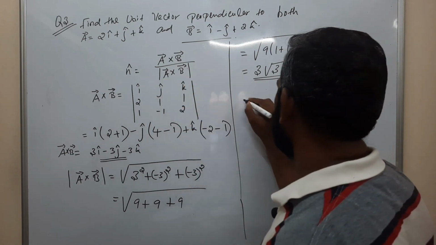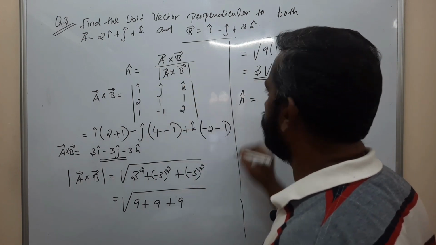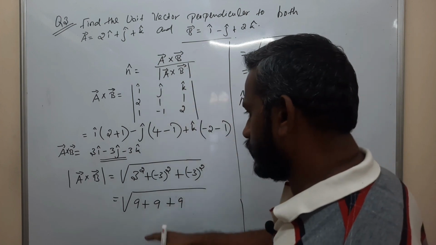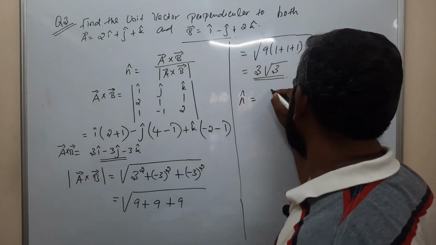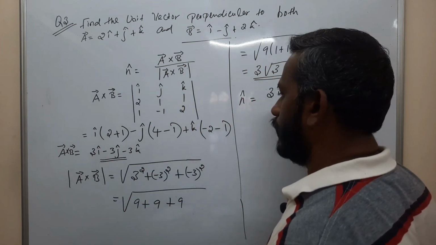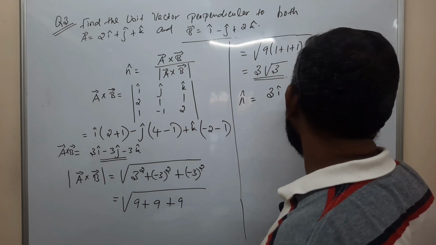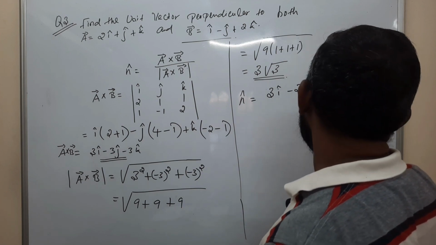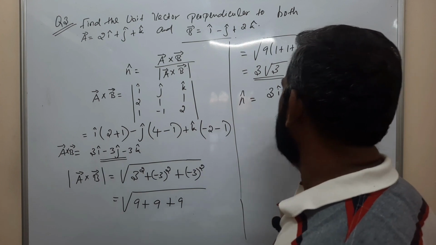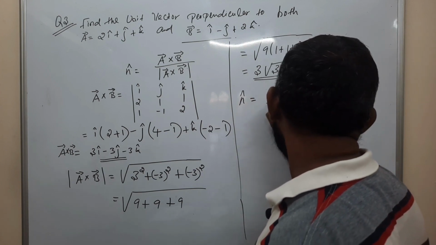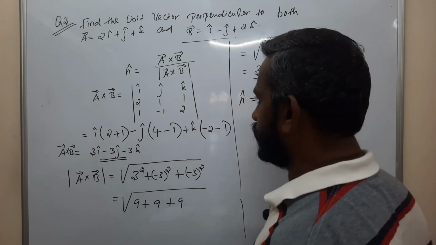Now we can find the unit vector. n cap is equal to a vector cross b vector, that is 3i cap minus 3j cap minus 3k cap, divided by 3 root 3.